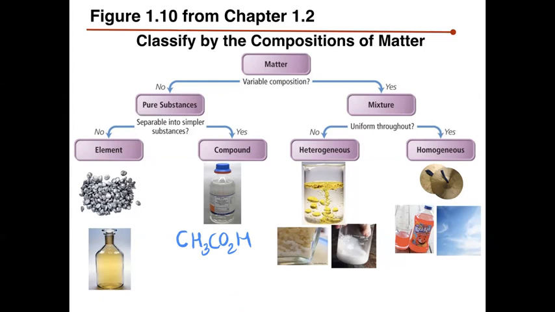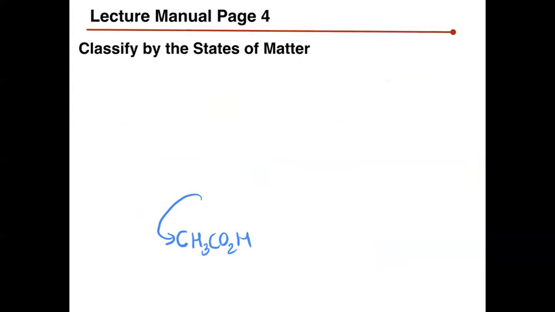So that's why we call it a compound here, because it contains two or more elements that bond together in a fixed ratio. Okay, so I hope that you start to get some sense of the difference between all of these. Okay, so let's check your answer. Did you get it right? Most of them. Okay, so now let's take a look at states of matter.